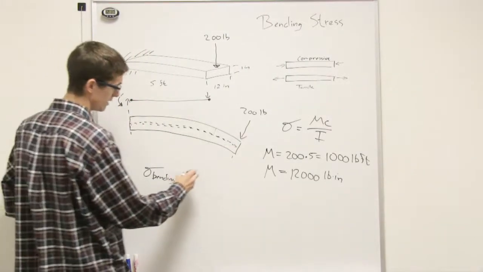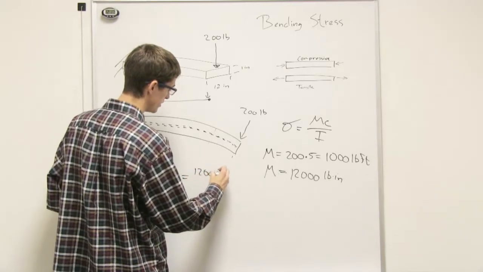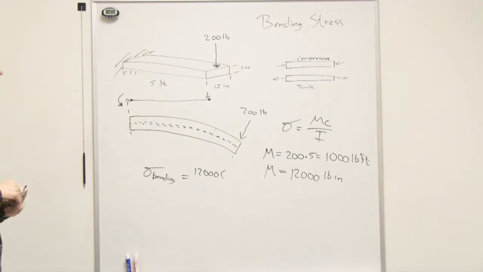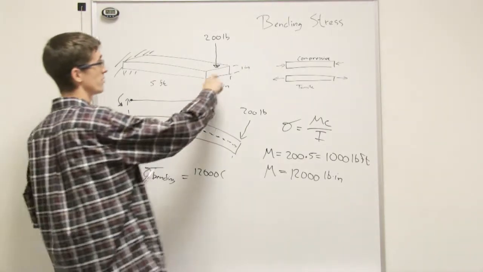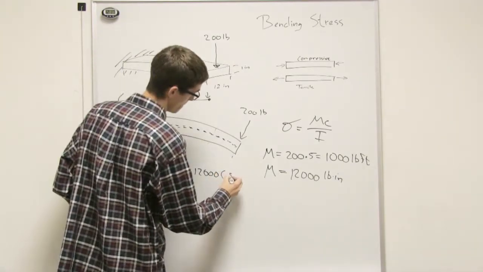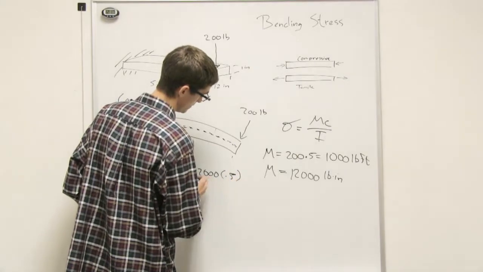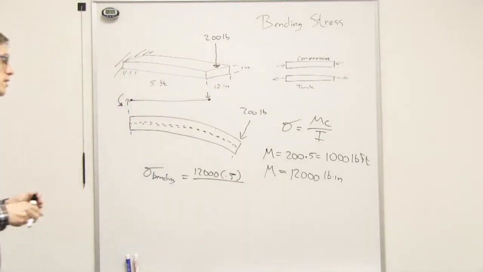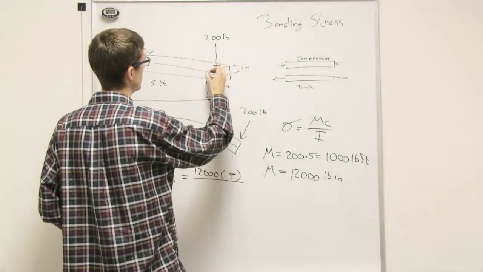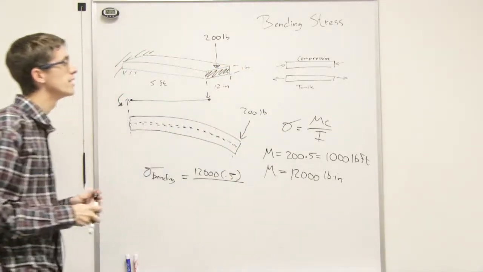So our moment then is 12,000 pound-inches multiplied by our c. Our c in this case, let's look for the tensile first, is from this point up, 0.5. And our moment of inertia, since it's the face, we want the moment of inertia of this face right here, the face that I just colored in.